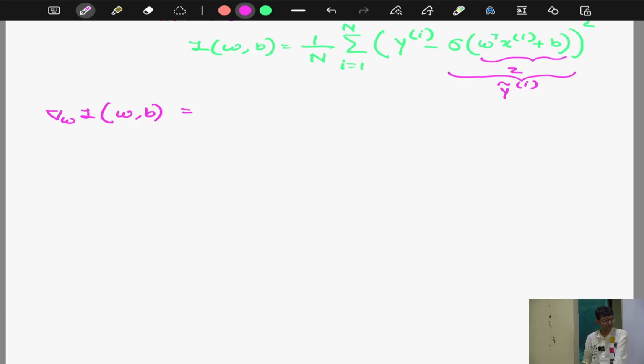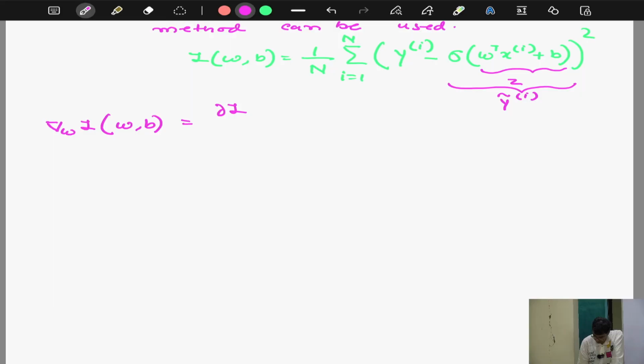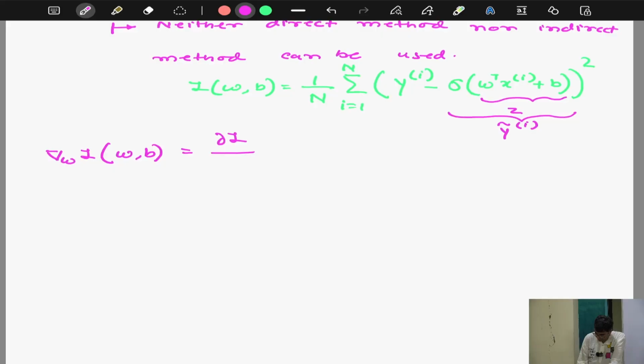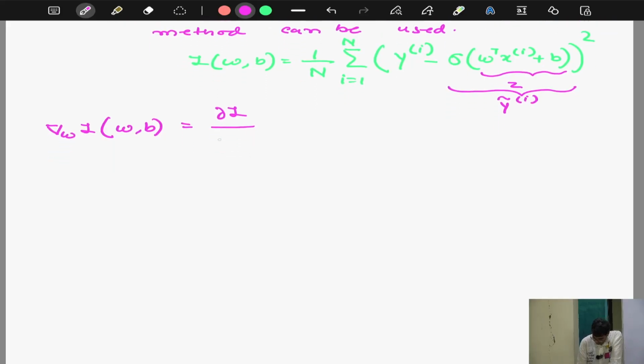We will use the chain rule: del L by del y tilde, times del y tilde by del z, times del z by del W. Basic chain rule, right? Correct.